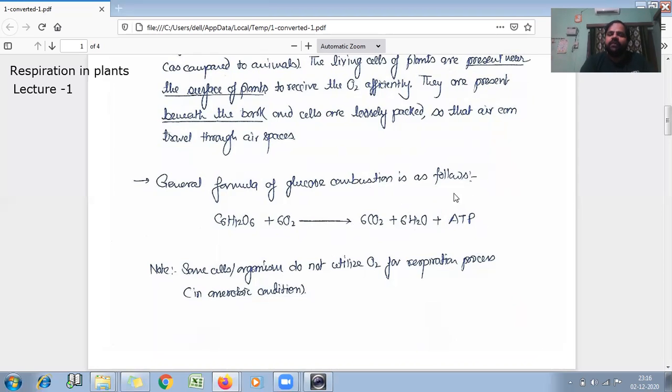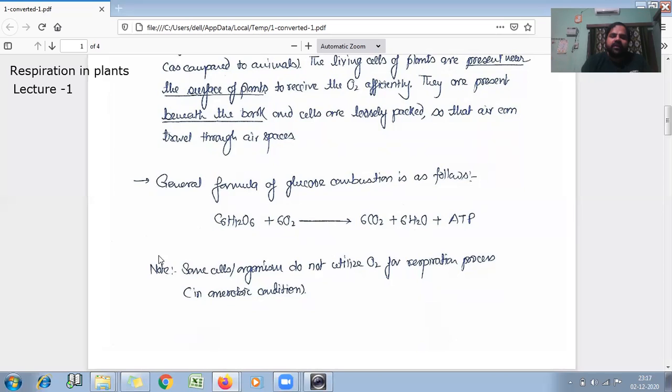It means we living organisms utilize this ATP molecule to receive the energy. Whenever the organism needs the energy, then this ATP will be broken into ADP, and ADP can again be broken into AMP, adenosine monophosphate, and by the breakage of the bond energy will be released.